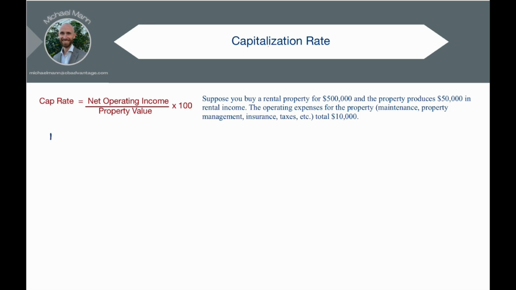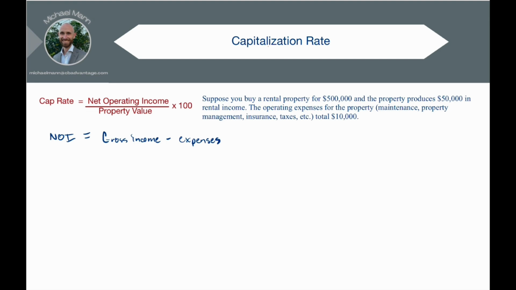Your NOI, net operating income, is just going to end up equaling the gross income, so we'll just put the income, minus all of your expenses. So when you're going through and trying to figure out what to put in for the formula, you have to understand that portion of it.